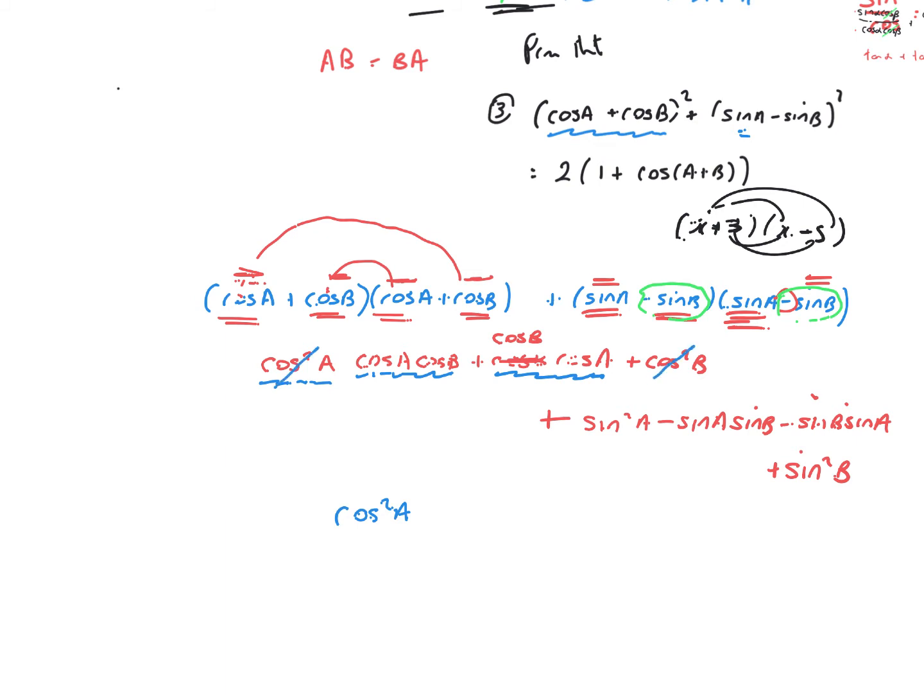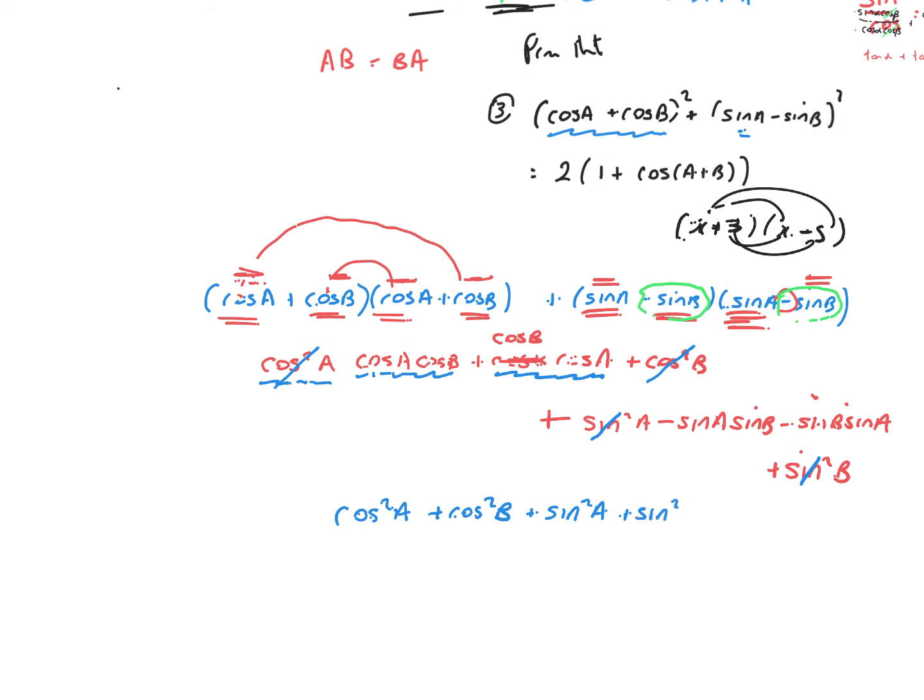I'm then going to do my sin squared A and my sin squared B. I'm crossing things out as I go, because that helps me account for things.